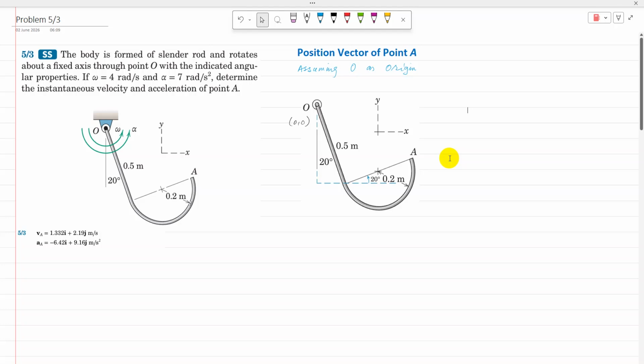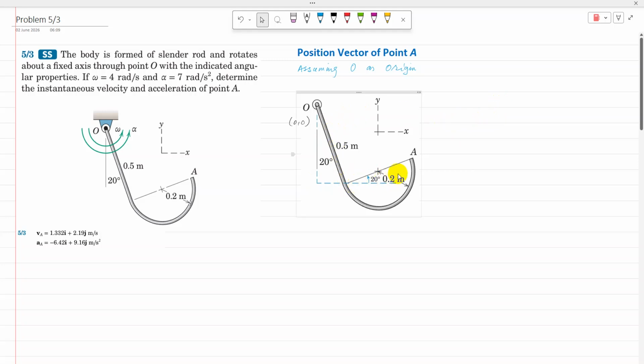From the geometry of the figure, point A is reached by moving along two parts. In the y-axis, it is from O going downward and then from there going upward to A, and in the horizontal axis it is from O to the right at this point and then further towards A.